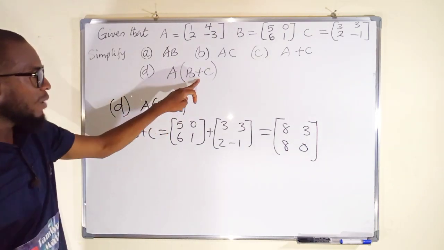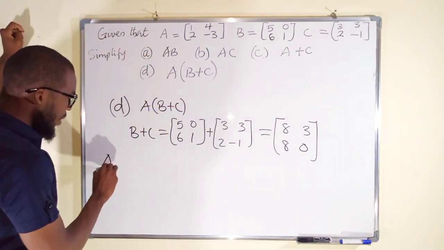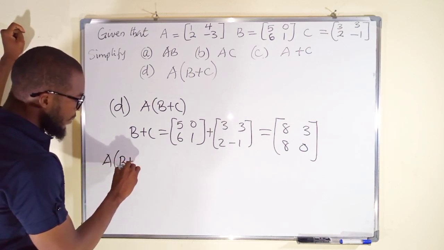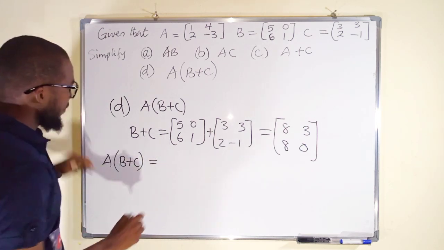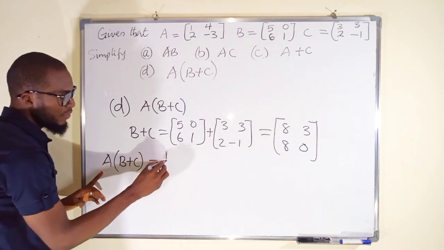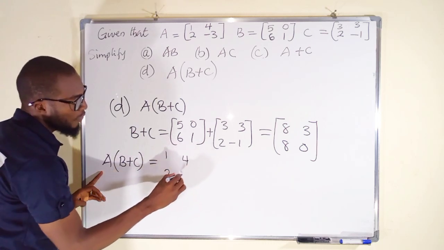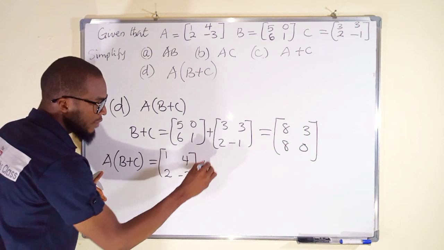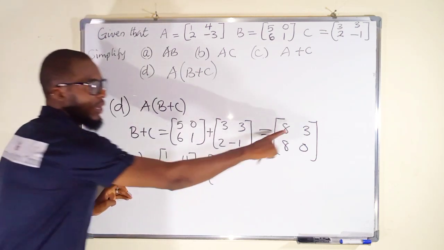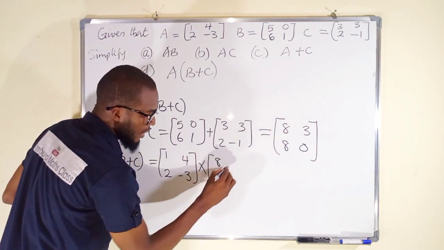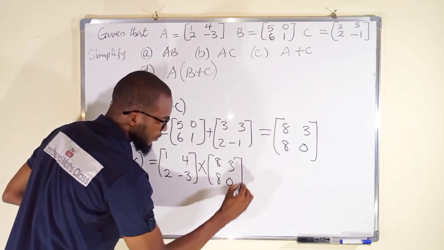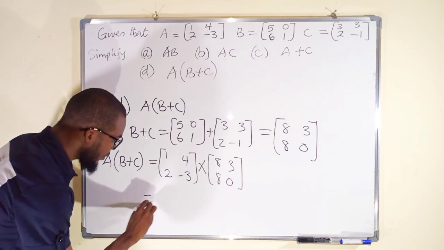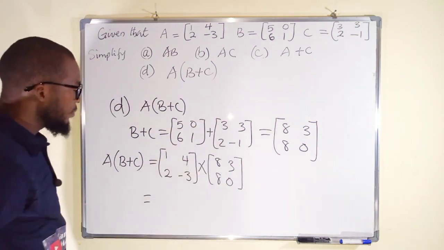Then for A multiplied by the whole of this, A multiplied by B plus C is the same thing as taking the matrix A, which has the entries 1, 2, 4, -3, and multiplying that by the result we have obtained, 8, 8, 3, and 0. As always, take this, multiply by the first column.